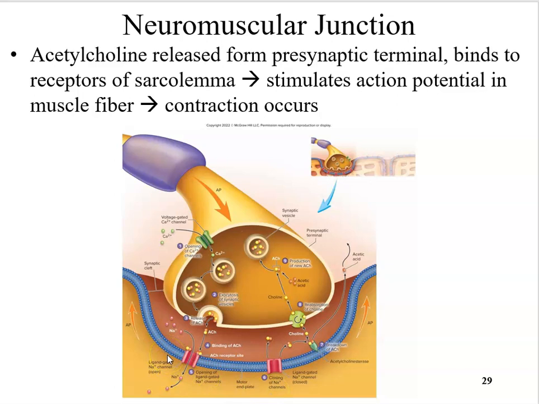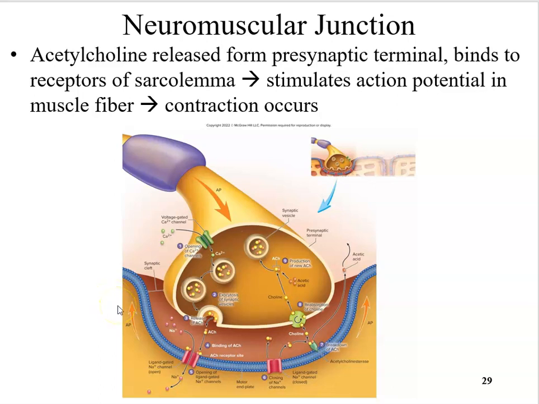And sodium rushing into the cell is what caused the depolarization of an action potential, right? So all those positive ions coming in make the cell more positive, and an action potential occurs all over the muscle cell.